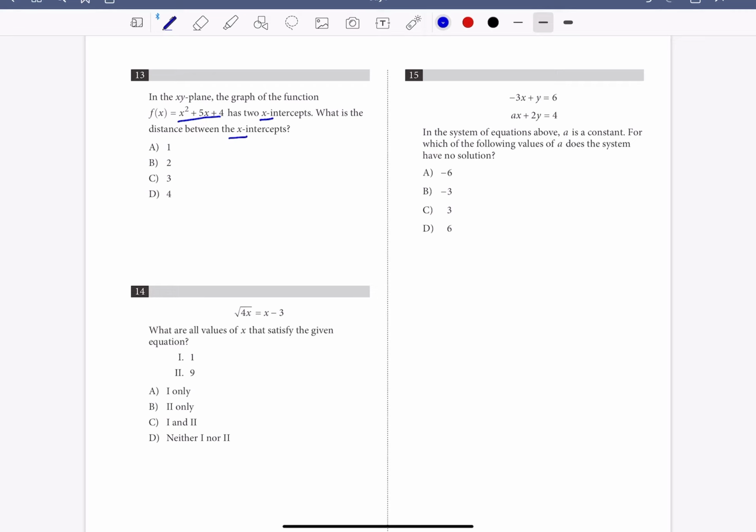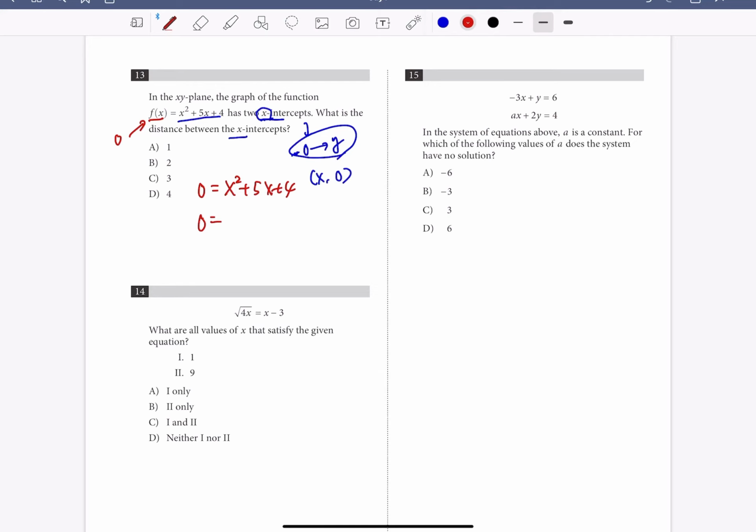To find an x-intercept, we need to plug in 0 for y, because the x-intercept is the x value when y equals 0. So 0 is equal to x squared plus 5x plus 4.